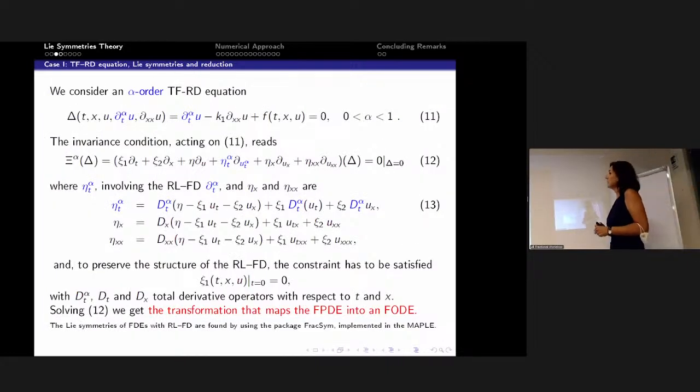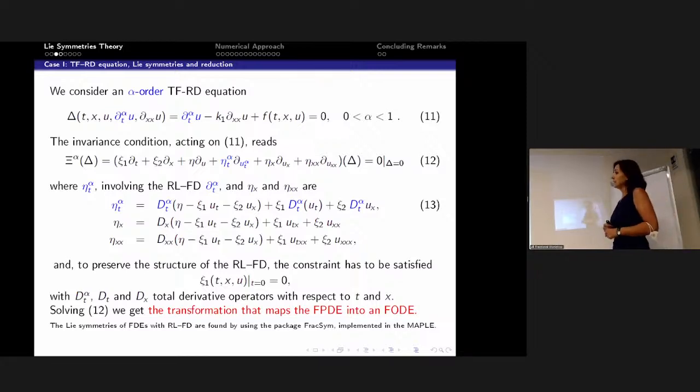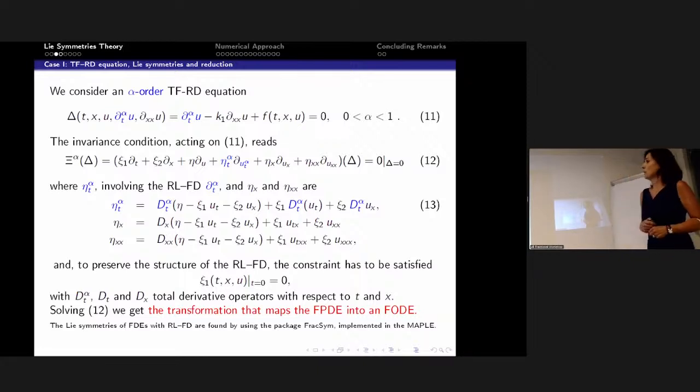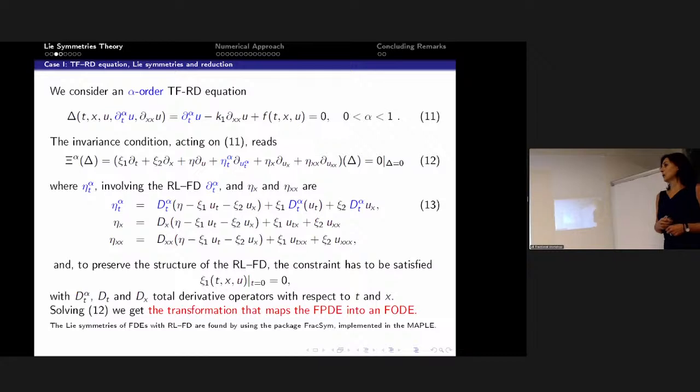We consider equation number 11. We find the invariance conditions number 12, where we note the presence of the infinitesimals C4, C1, C2, and beta. But in this case, the main difference with respect to a partial differential equation of integer order stands in 13, where eta alpha t is defined by means of the capital P that involves the Riemann derivative.